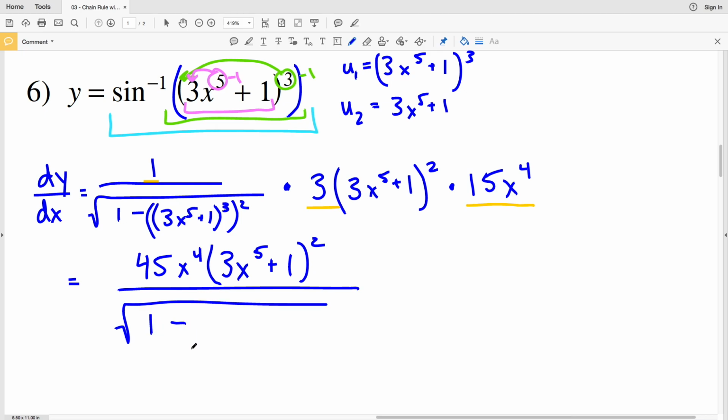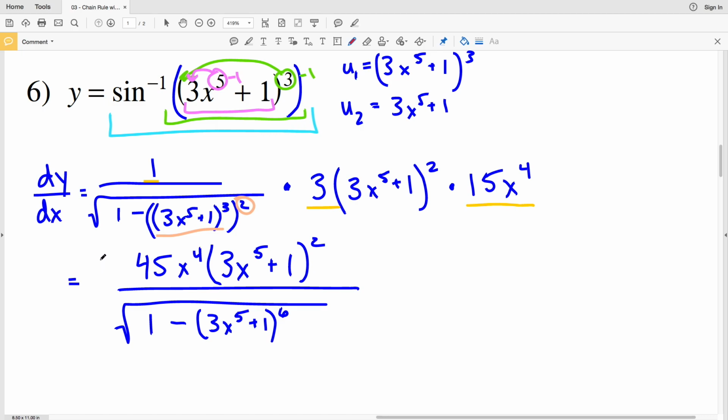1 minus, now I'll be able to simplify my denominator. And how we'll go about doing that, as you can see, is that I have my function cubed squared. So that's going to be the function to the 3 times 2. So that's going to be 3x to the fifth plus 1 to the 3 times 2, which is 6th.